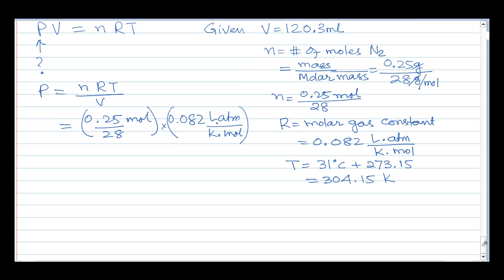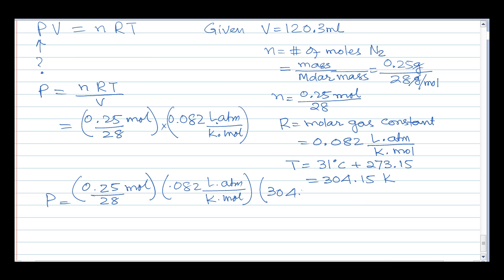So P over here is equal to 0.25 mole divided by 28, times 0.082 liter atmosphere per K per mole, and the temperature is 304.15 K, divided by V, the volume, which we have already got, 120.3 milliliters.